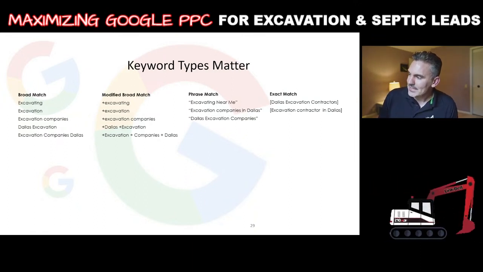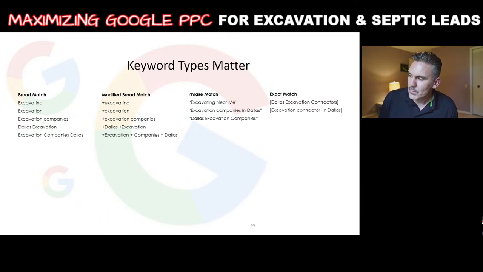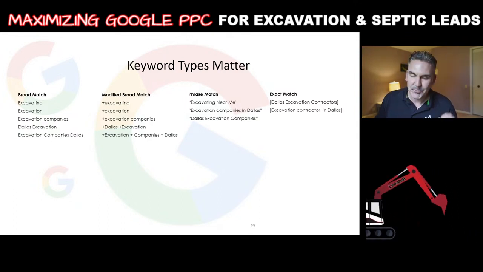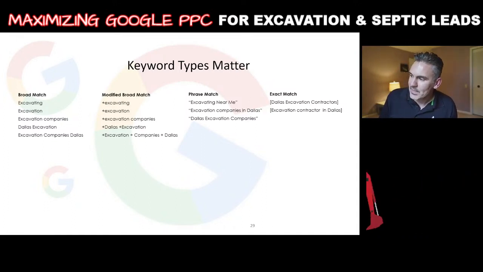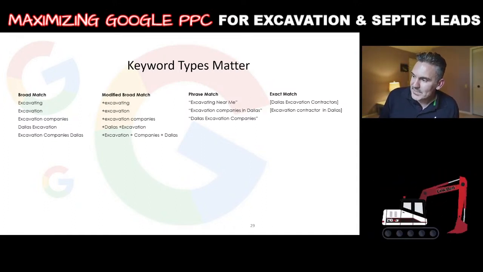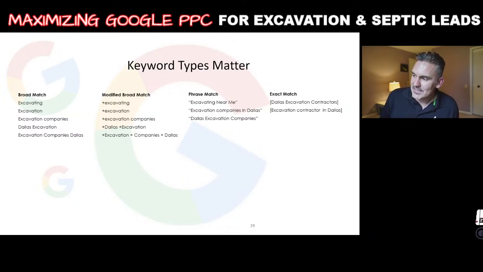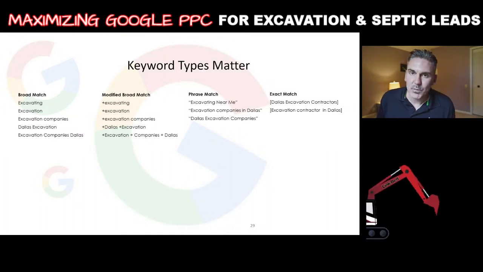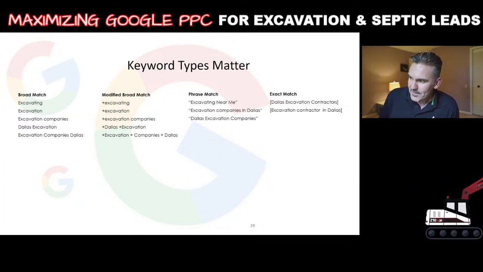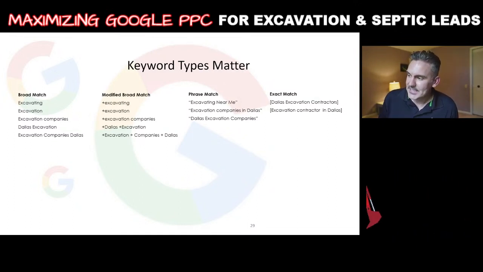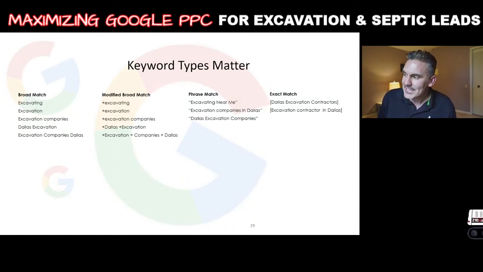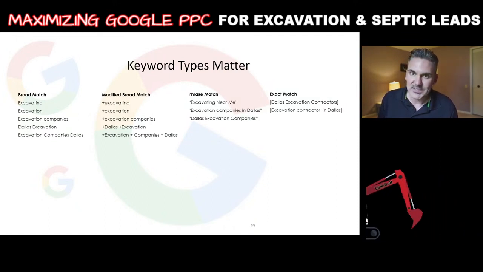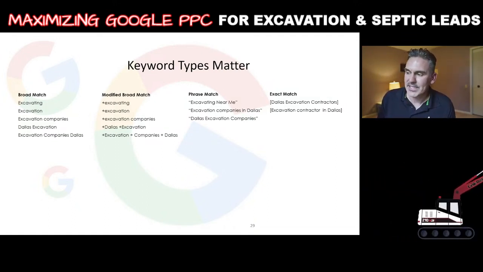So Dallas Excavation Contractors, they would actually have to type in, and we see it's in brackets, that exact keyword. Now, with phrase match, it says excavating near me. If someone were to type in find excavating near me, or if they talked into Siri and said, find excavating near me, your ad would still appear because it has that phrase, if that makes sense.